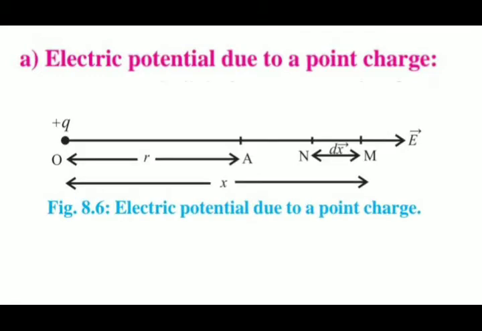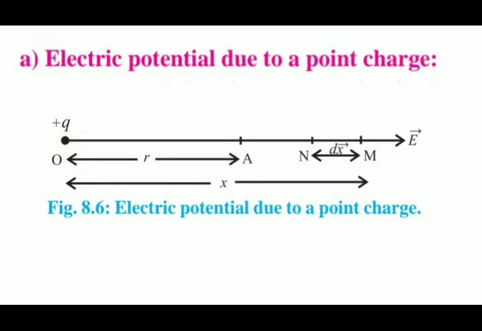So first we have to consider a diagram. So this is the diagram. Here we shall derive an expression for electrostatic potential due to a point charge. Now this diagram shows a point charge plus Q located at point O. As you can see here, this is the point O, and a positive Q charge is located here.